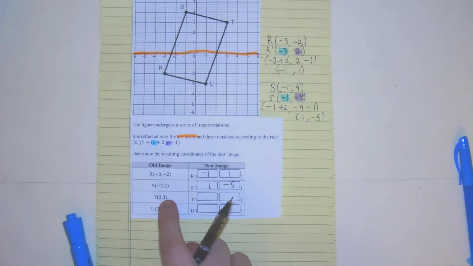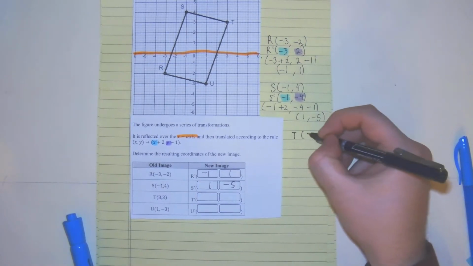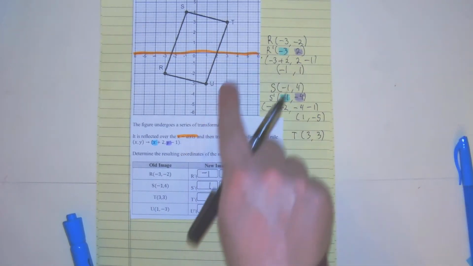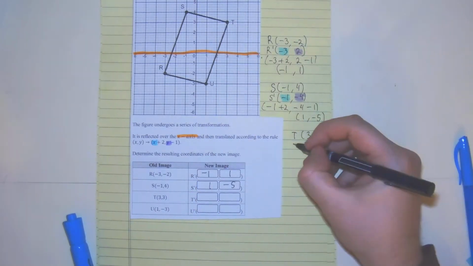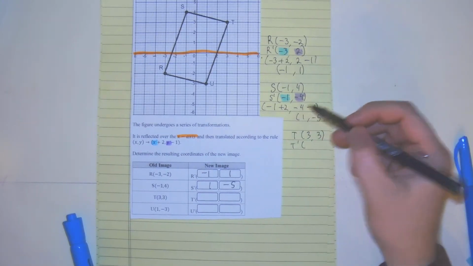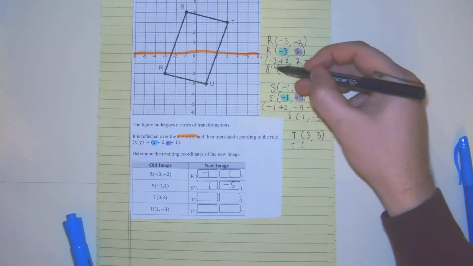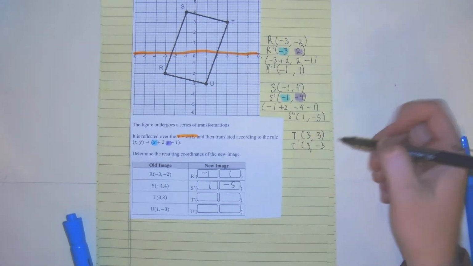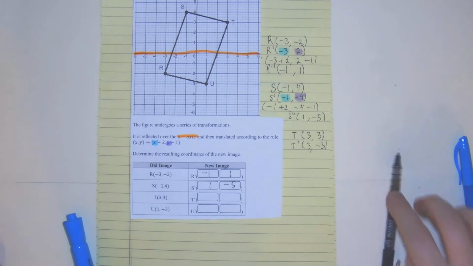Alright, now let's move to T. T is located at (3, 3). The first thing you want us to do is reflect over the x-axis, so that affects our y value. So it's at (3, 3), so then it becomes T prime at (3, -3), because now it's below. Okay. Next, we need to plug these numbers into that formula.